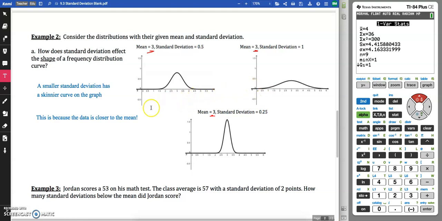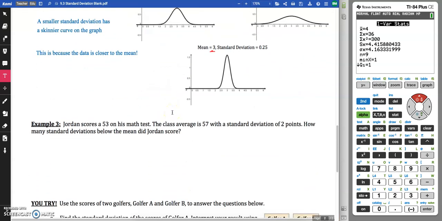And if we think about what we talked about before, that makes sense, because a smaller standard deviation means the data is a little bit closer to the mean. We'll look at these types of curves more, but the mean is going to be the middle of these normal curves. So the data of this one is a lot closer to the mean versus this one's more spread out.